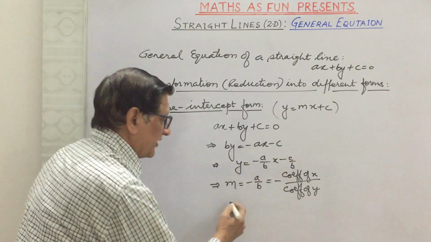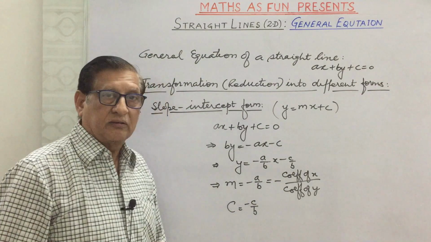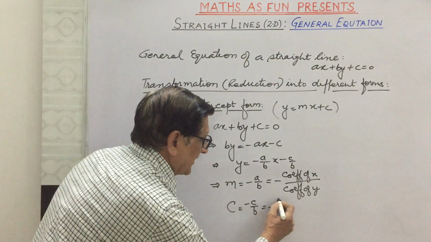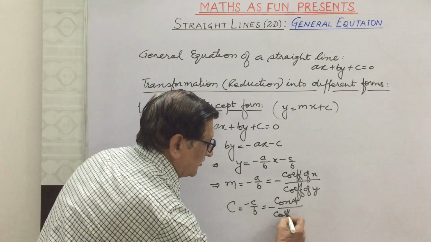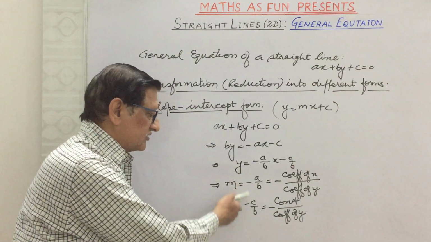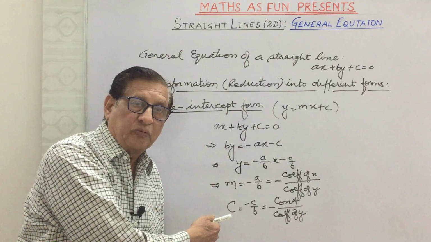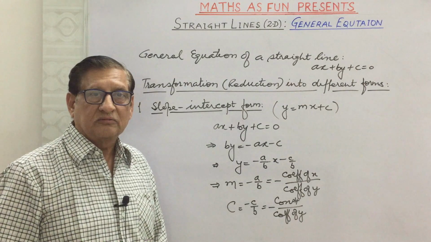Compare this. Here we are finding the intercept c is minus c upon b. That is minus constant term divided by the coefficient of y. These two can be used as a formula to find out the slope of the line and also to find out its intercept on the y-axis.